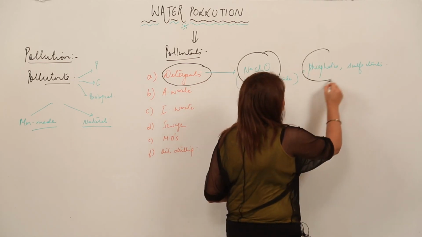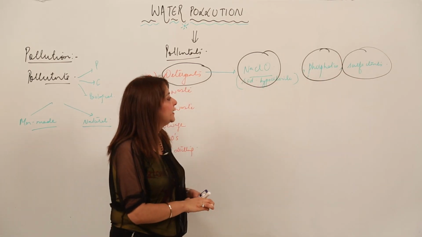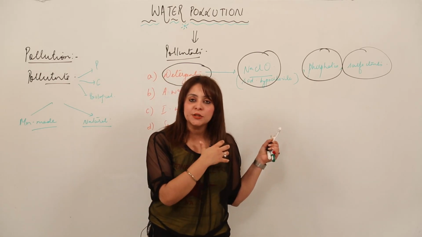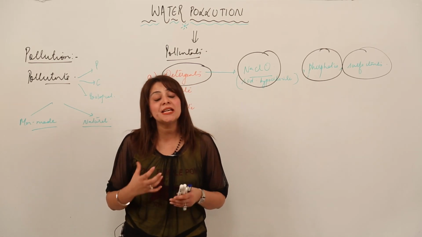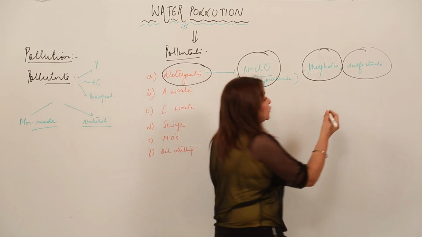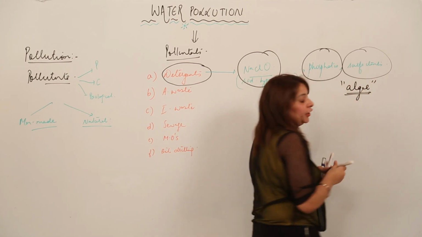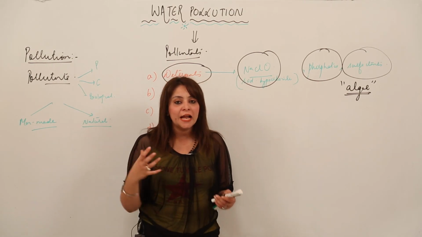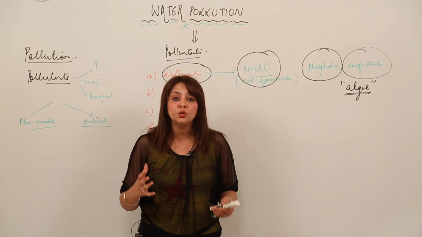Second we have phosphate. So all 3, the surfactants, the phosphates and the sodium hypochlorite, when the detergents get disposed into water bodies, lead to the excess growth of algae in the water body. The growth of algae is so numerous that algae spread in water in one go, and the amount is too high.